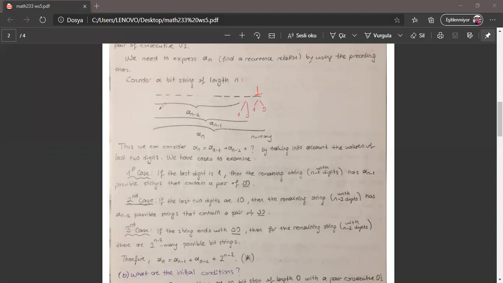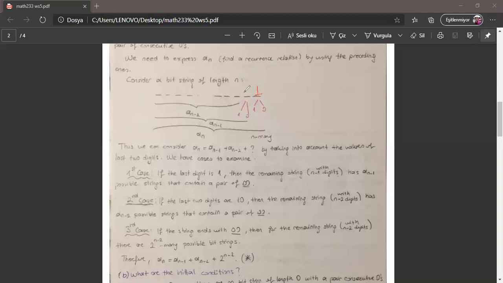So there are a sub n minus 1 possible strings as we desired, because a n represents the number of strings that contain a pair of consecutive zeros.